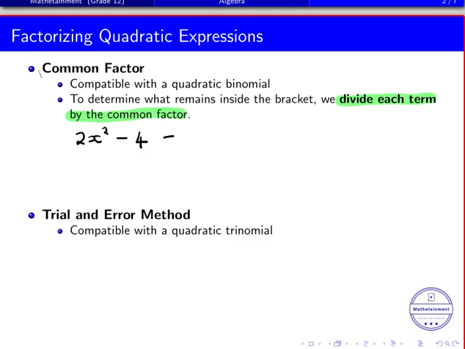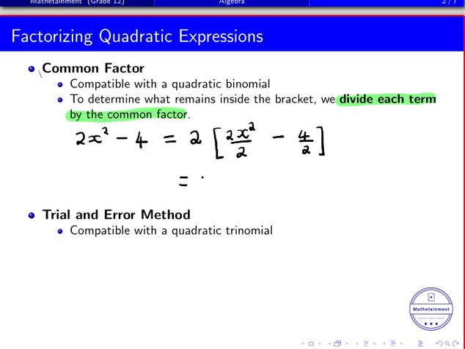To do that, you can recognize that if you take out 2 as a common factor there, what remains inside the bracket is when you divide each term of your expression with the common factor that you took out. In this case, it is 2.